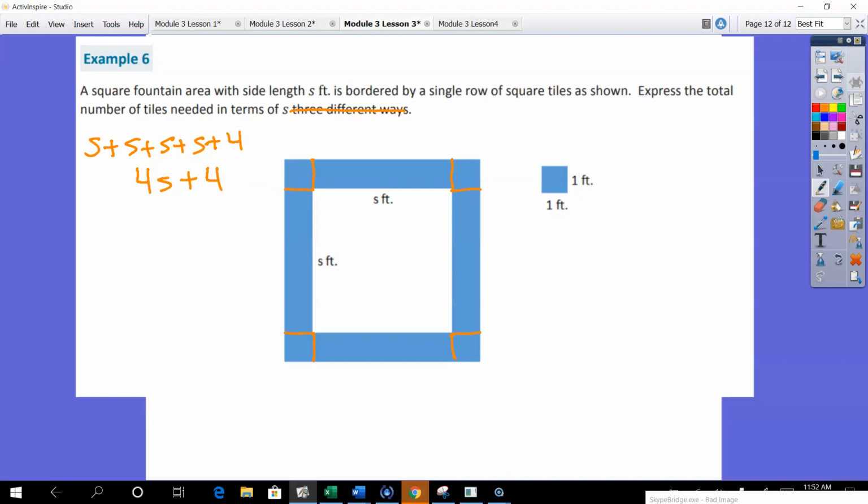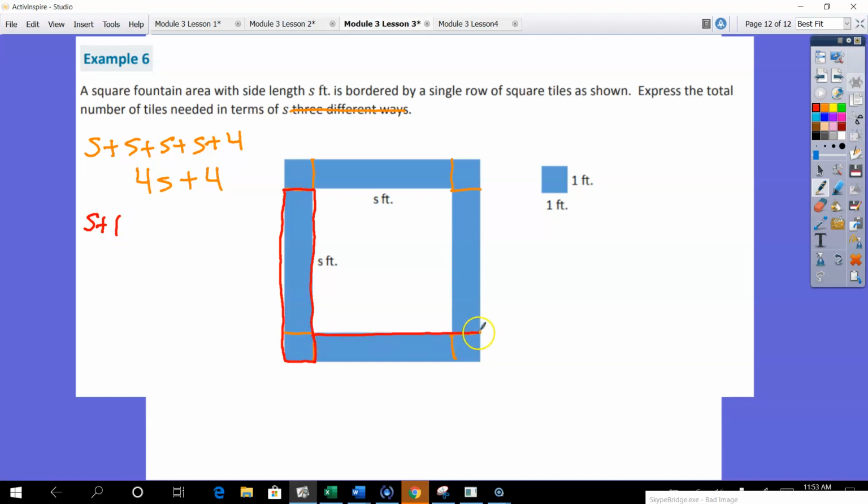Okay. We could also say, okay, well, this is s, and then there's 1 piece left over. So we can say s plus 1. And how many times do we have that?